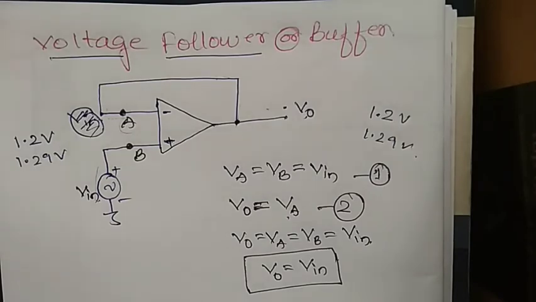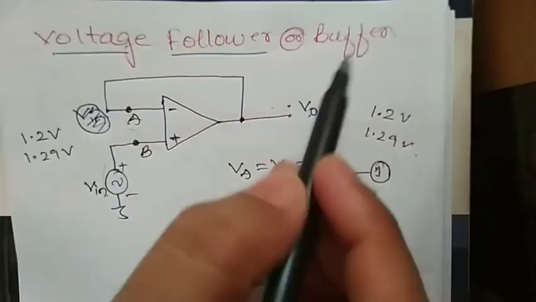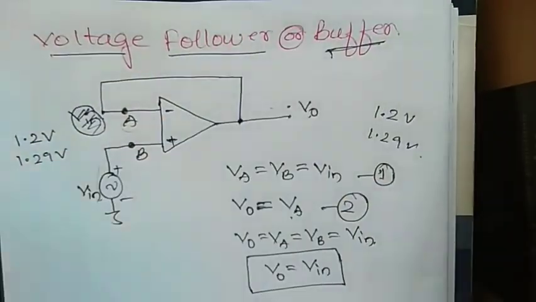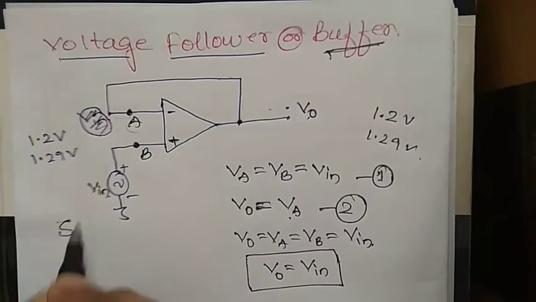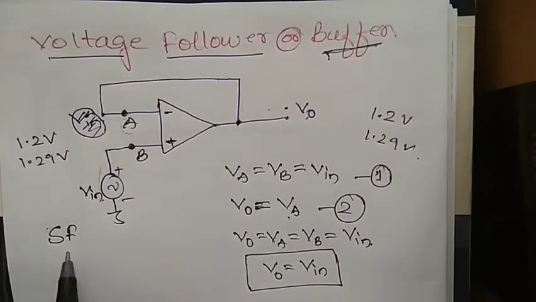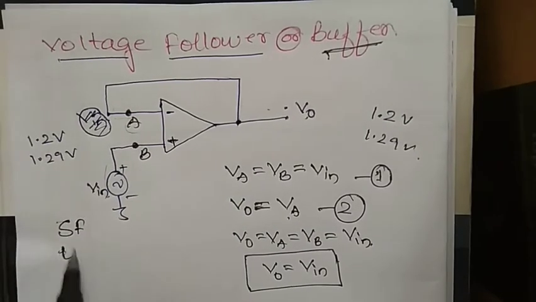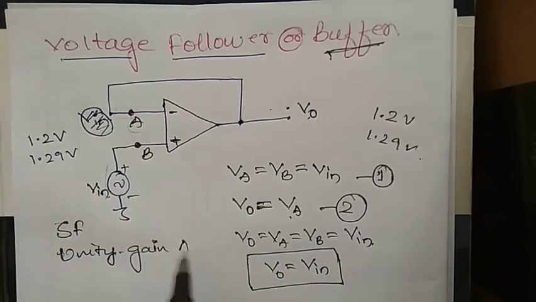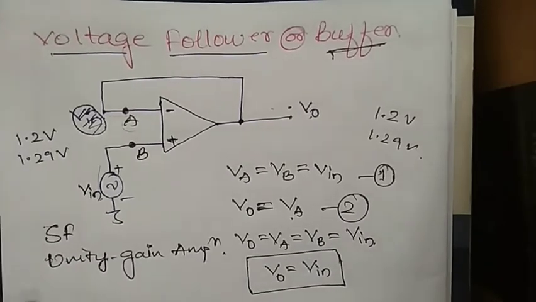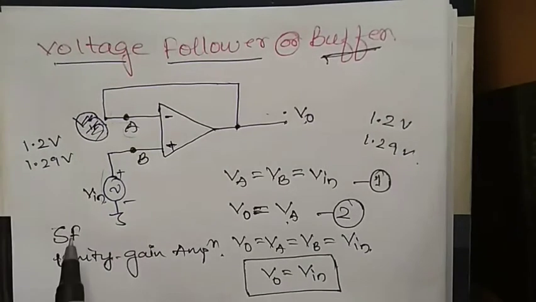This is also considered as a buffer. They have many names for this circuit, such as source follower, the unity gain amplifier, the isolation amplifier, and also buffer amplifier.